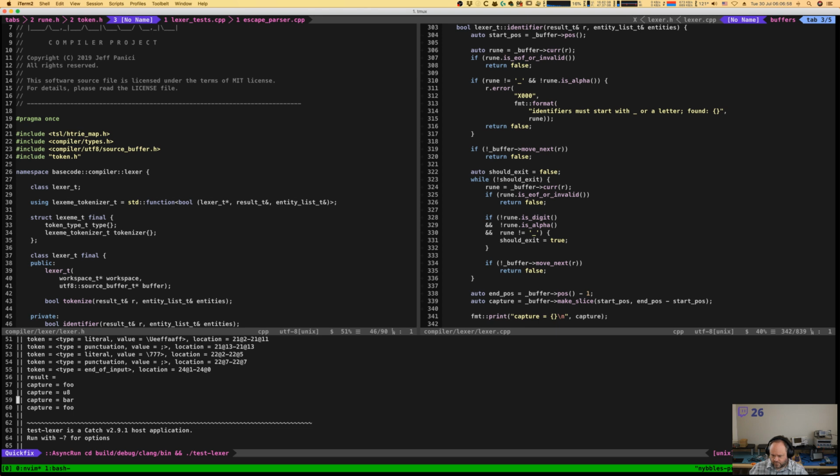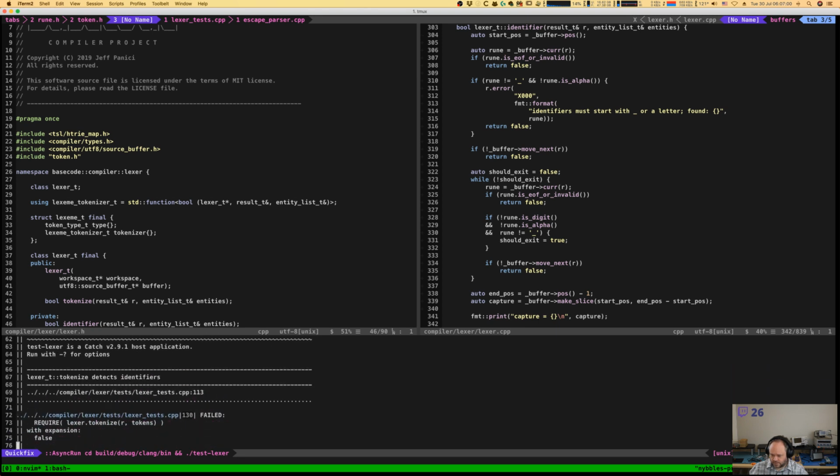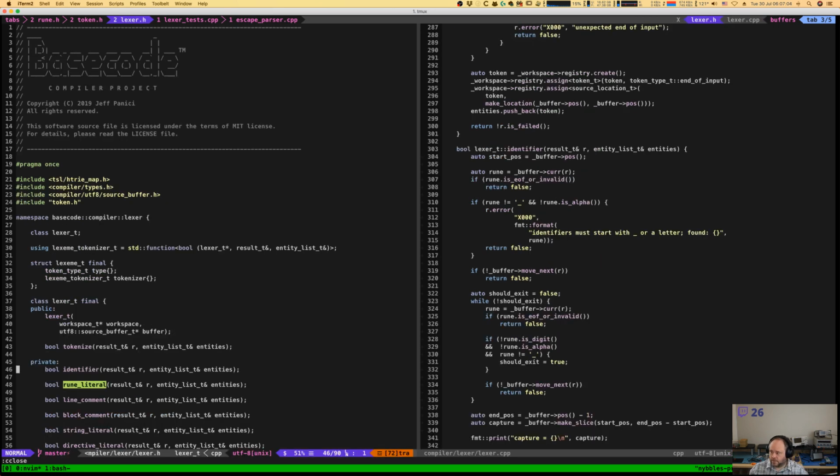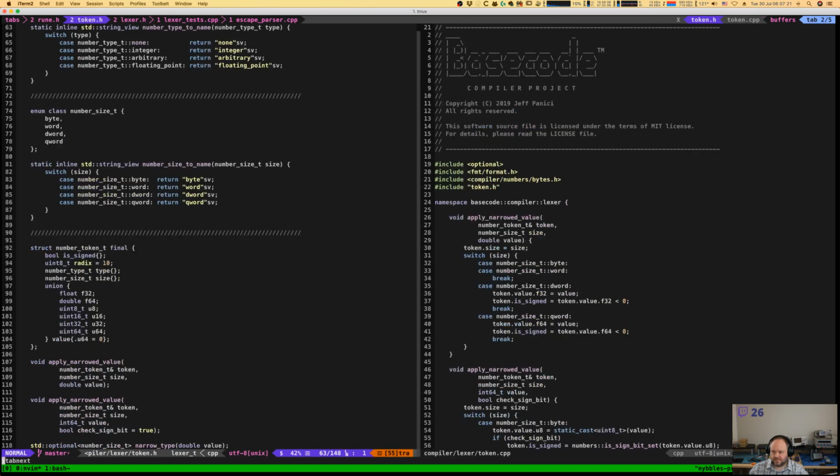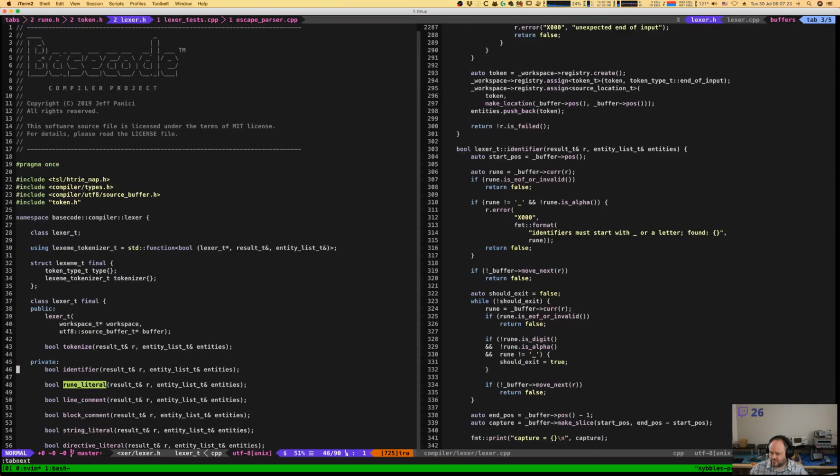Foo, U8 bar foo. Okay, good. I mean, that one looks good. Foo, U8 bar foo. But then it's getting hung up here. Is that because my dictionary's messed up?